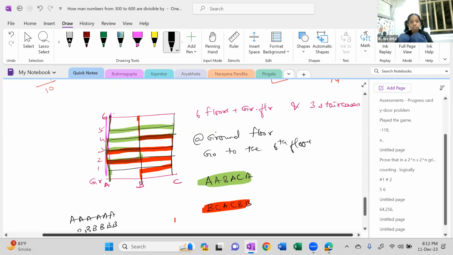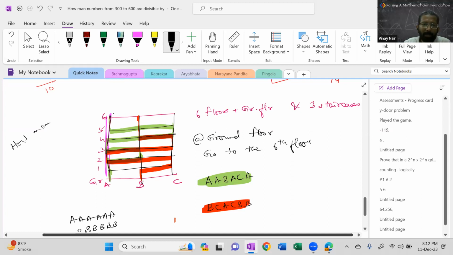So it can be a straight path like this as well. So as Aishwarya read my mind, the question is, how many ways, send the answer in the chat, are there to reach the 6th floor from the ground floor?